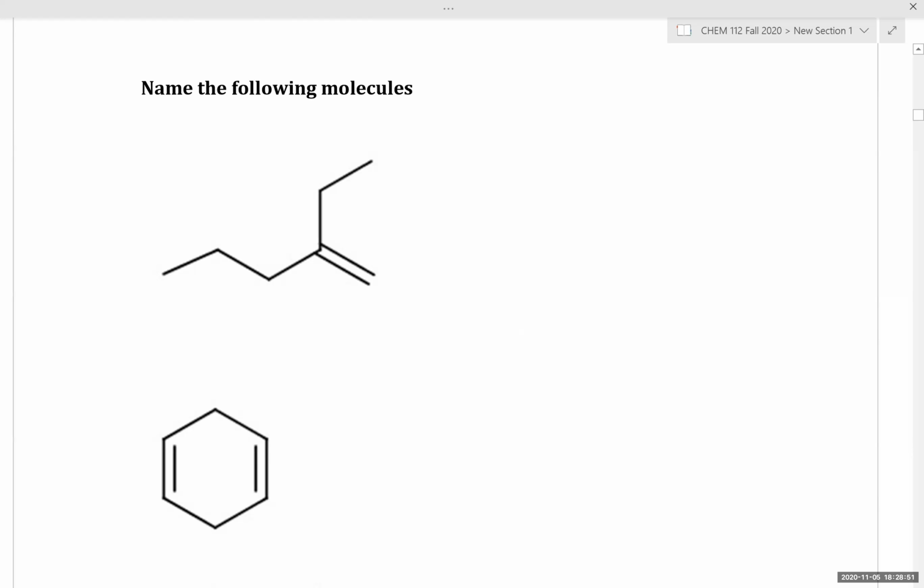Again, we have another diene system, as well as another alkene with a slightly tricky numbering convention. Remember, you want the lowest, smallest carbon chain that contains your alkene. So let's try to name the following molecules, and then we'll discuss in about another 3 to 4 minutes.